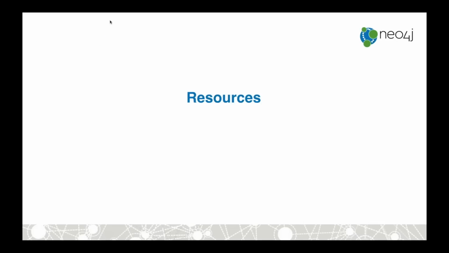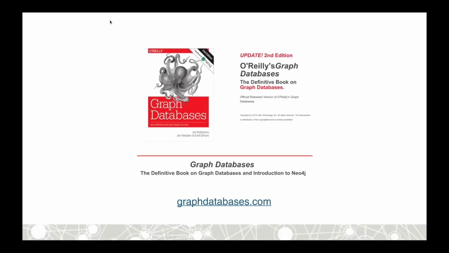I just want to leave you with some resources for further discovery. The first one is the Graph Databases O'Reilly book. This was updated last year to the second edition. This is just a great resource for learning more about graph use cases, specifically Neo4j, and this is available for free on graphdatabases.com.